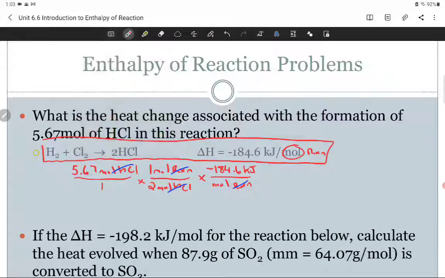The only thing we have to really go by for significant figures is the measurement that was given. I guess we don't know where the origin of that delta H is from, if that is theoretical or experimental, so I would stick with the 5.67.